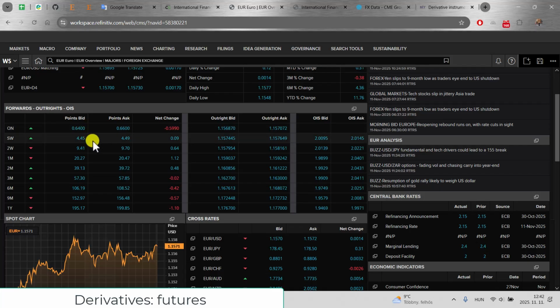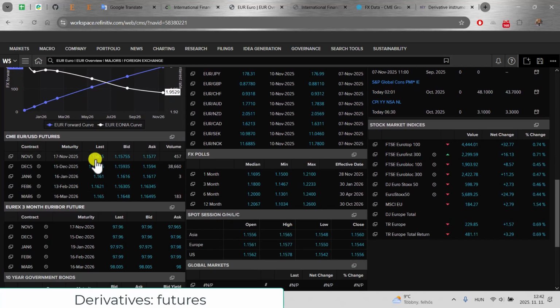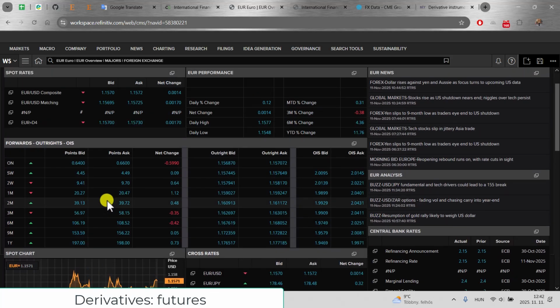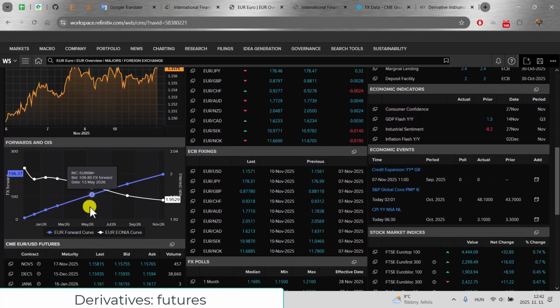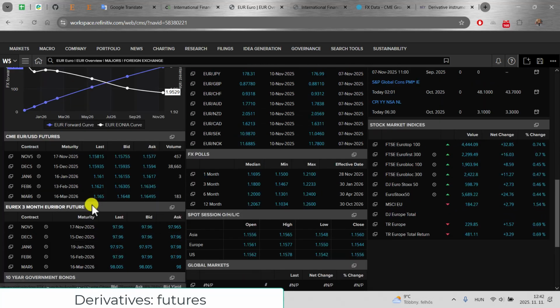So it can be really useful, because we can not just expect what is happening with the currency, but based on this information we can also see what can possibly happen with interest rates. These are in basis points, so we should divide them by 100 to see what is happening. That's why it can be quite useful.